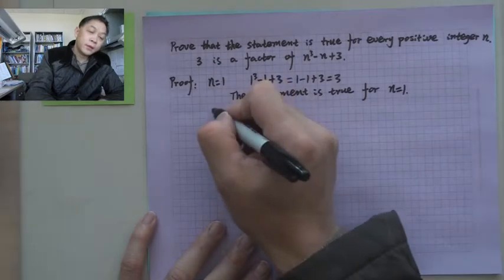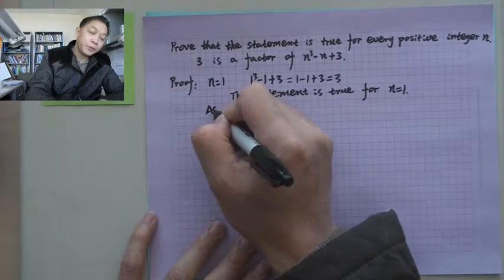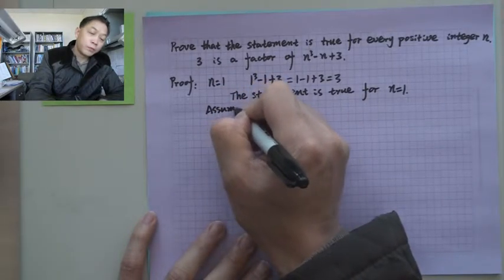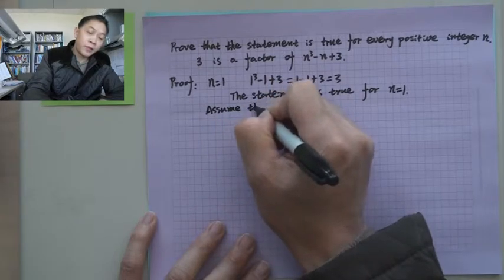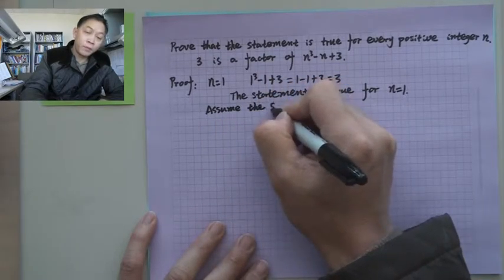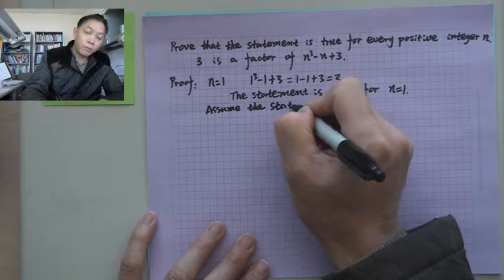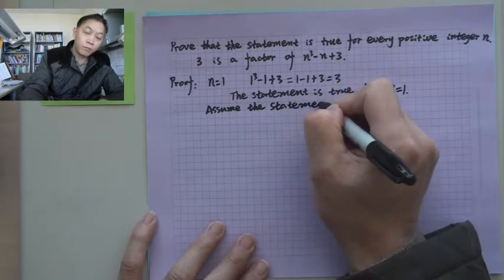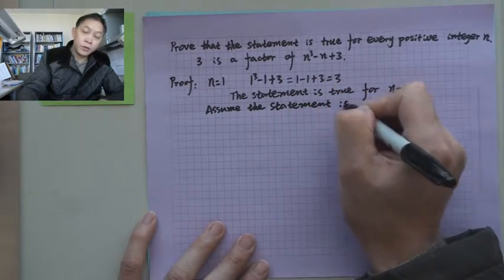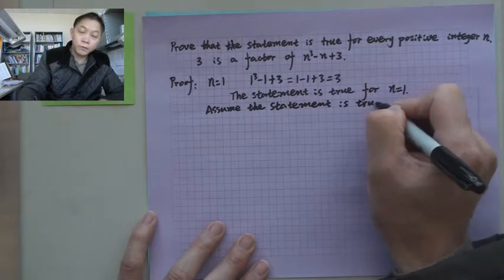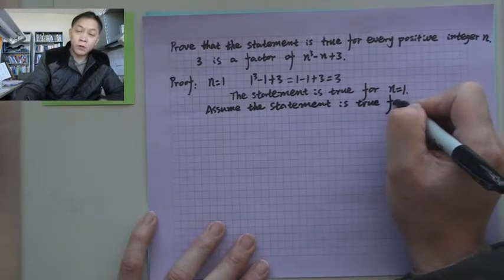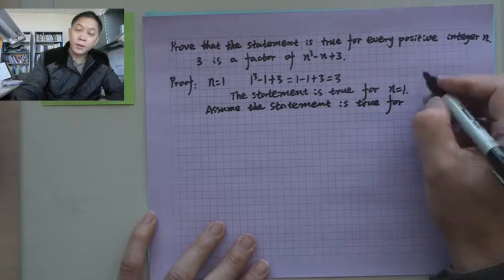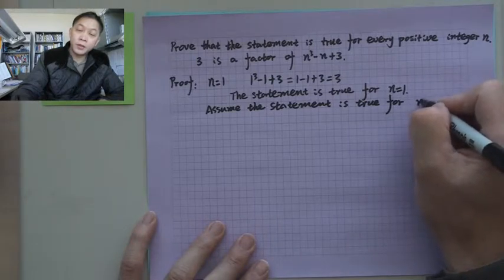Now you may say, assume the statement is true for n equals k.